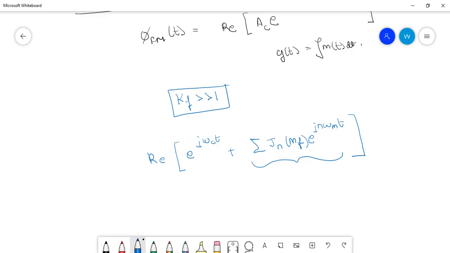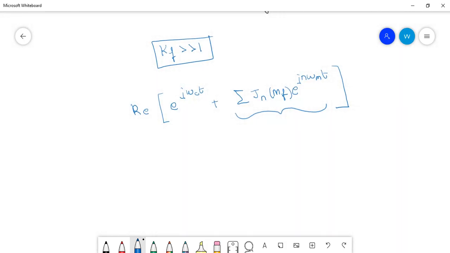Okay, and since we are talking about the real part, we know that the real part of a complex exponential is basically cos. So here it becomes the sum over n of J_n(mf) cos((omega_c plus n omega_m) t).